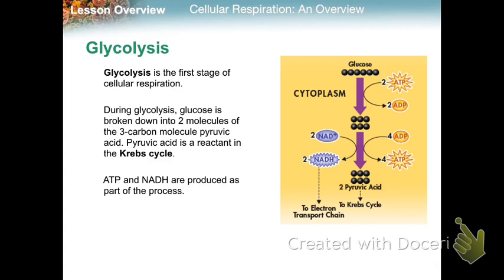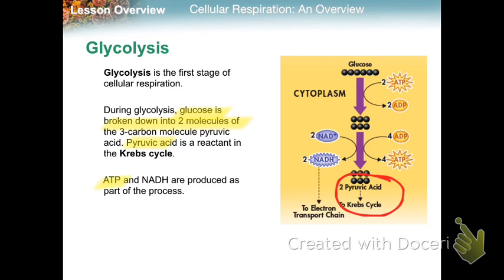So as I mentioned just a couple of minutes ago, glucose is broken down, basically broken in half into 2 molecules of what we call pyruvic acid. And then pyruvic acid moves on to the next stage of cellular respiration, which is the Krebs cycle.